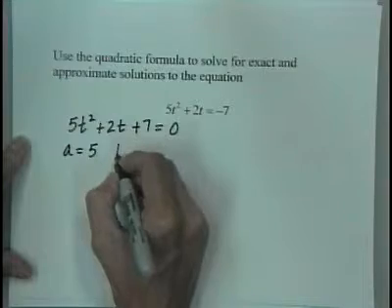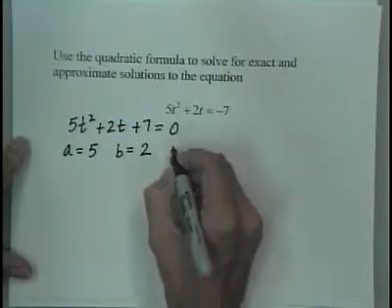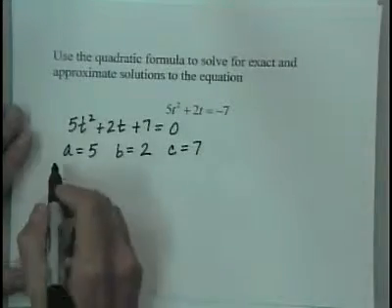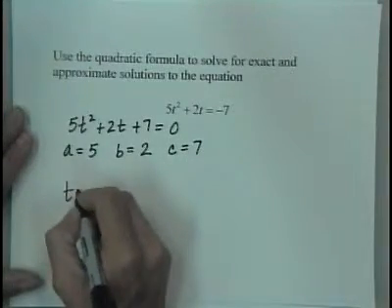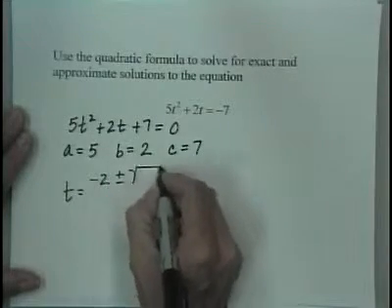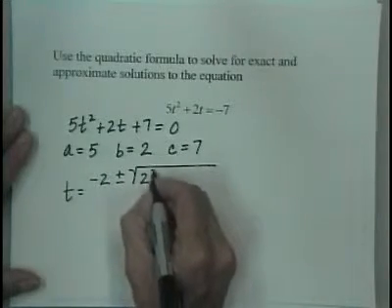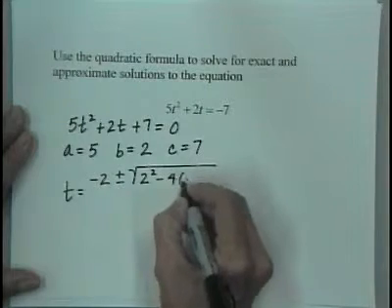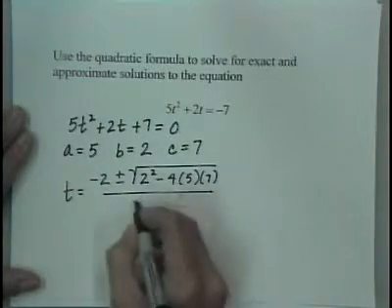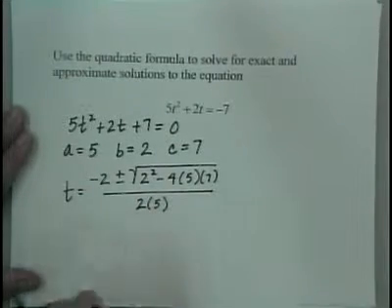A is 5, B is 2, C is 7. Substituting into the formula, I'll have t equals negative 2 plus or minus the square root of 2 squared minus 4 times 5 times 7, divided by 2 times 5.